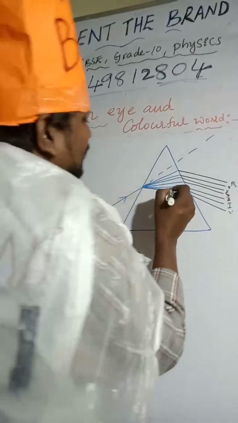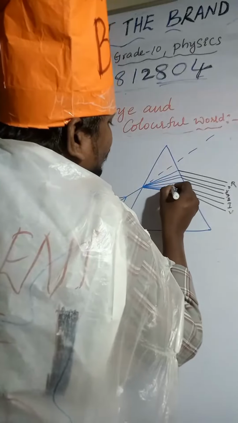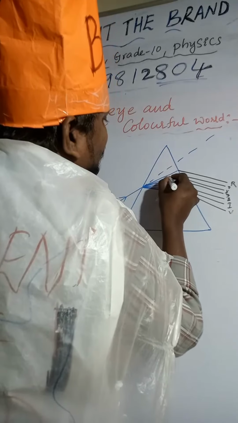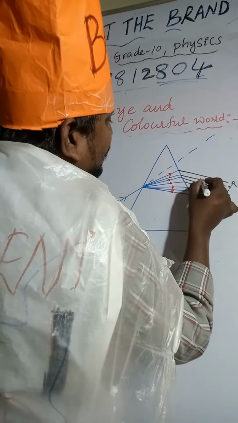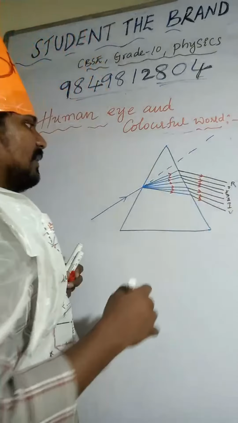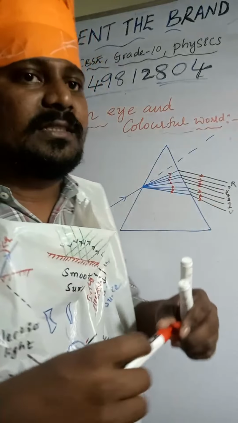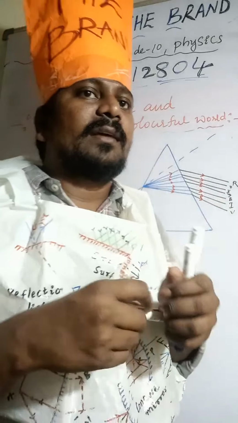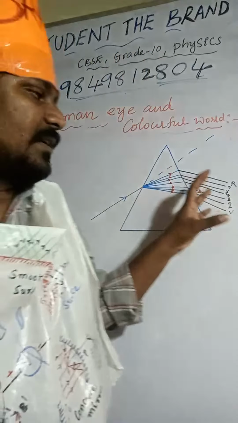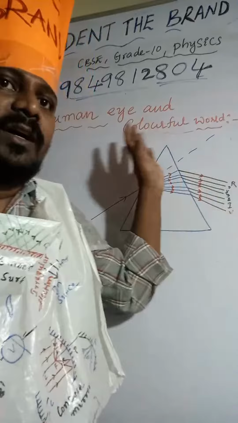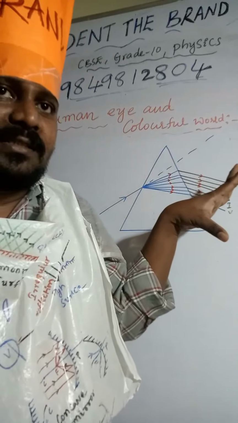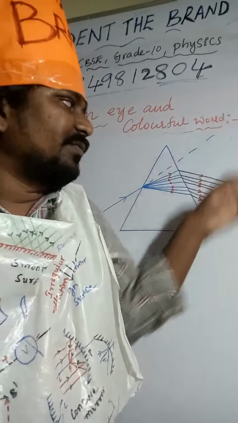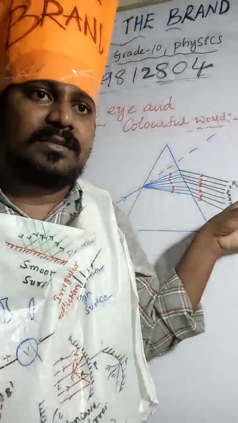Those 7 colors form like a band on the screen, called the spectrum. Splitting of white light into constituent colors is known as dispersion. Understood? After that, it will form on the screen.